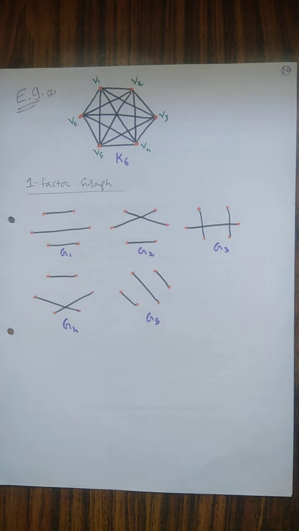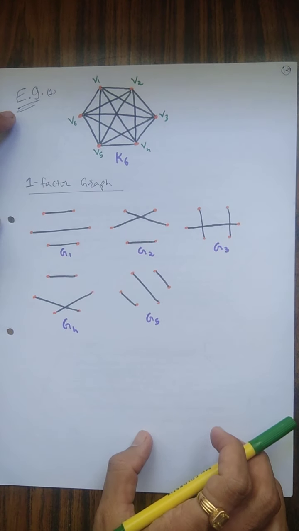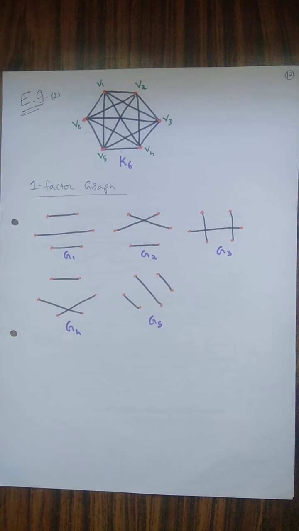So I take example number 1, one big example. Example number 1 has 6 vertices, K6. K6 is a regular graph with 6 vertices. Now you can see these 3 points; you can easily understand which points they are.